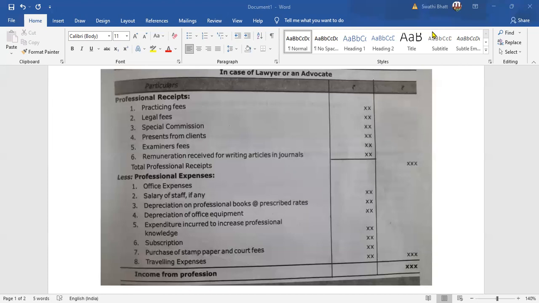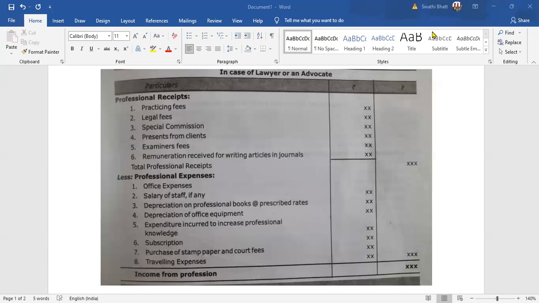Now, a lawyer will have an office. So whatever office expenses he's incurring, if he's hiring any staff, whatever salary he's paying to those staff, the next one is depreciation on professional books. Let's say that this lawyer has purchased books. Books for a lawyer are considered as an asset.